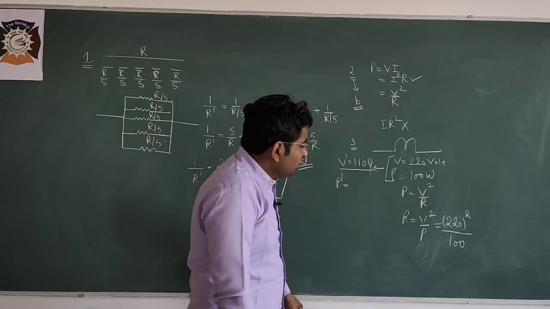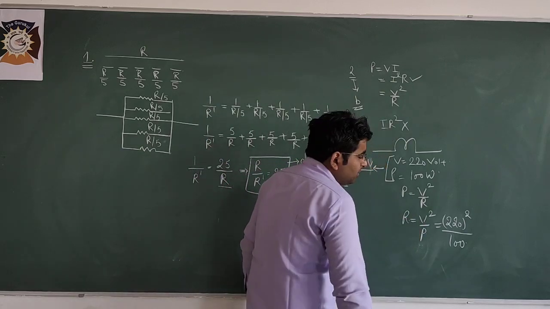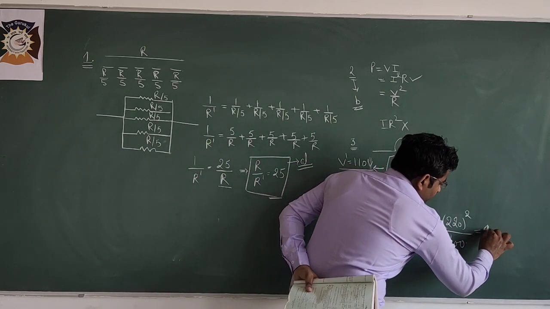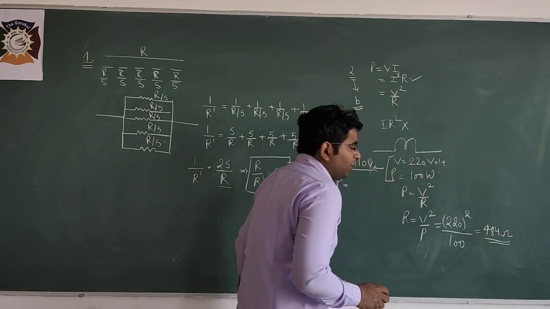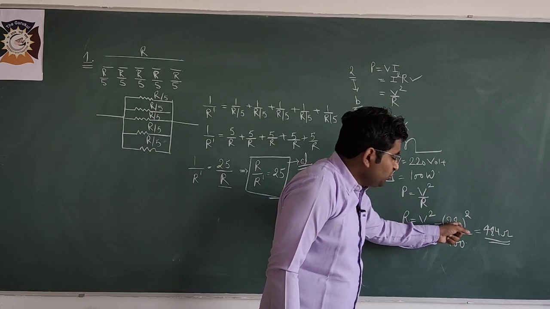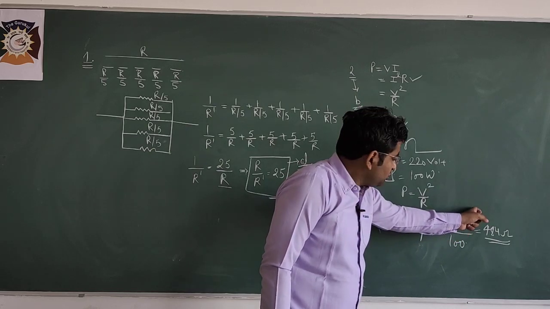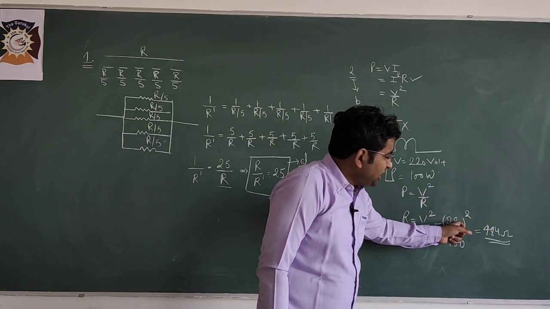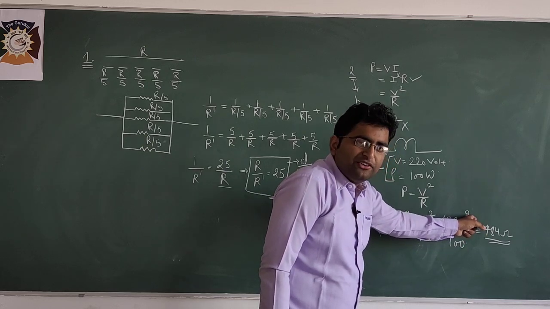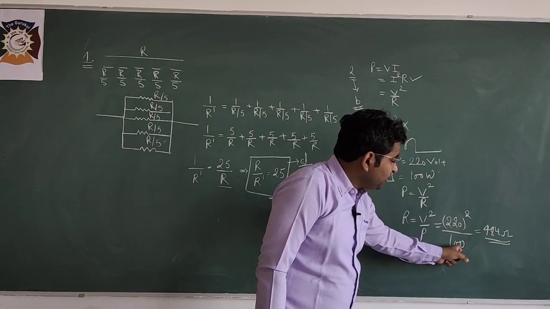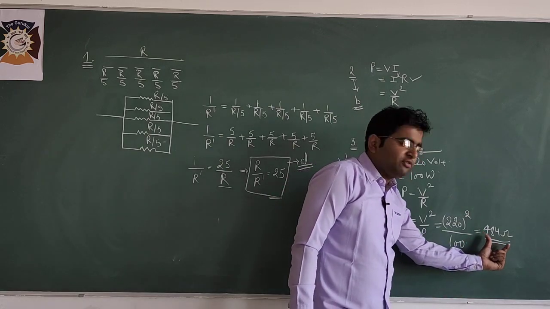Clear? So the value of R will come out to be 484 ohm. Clear? How? 22 into 22, it will become 484. The one zero of the power will become double zero. 100 by 100 will cancel out and answer will be 484 ohm.